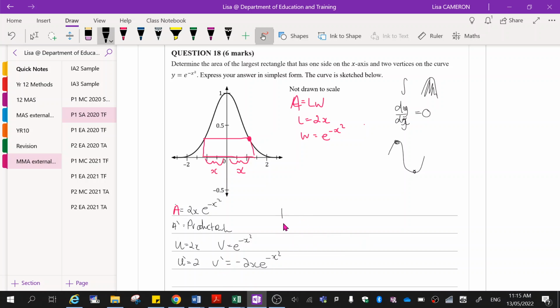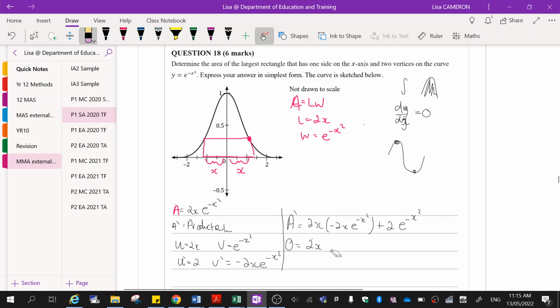Okay, so now I can chuck it into product rule. So the area derivative is equal to 2x multiplied by negative 2x, e to the minus x squared, plus 2e to the minus x squared. We let it equal 0 because we're optimizing it.